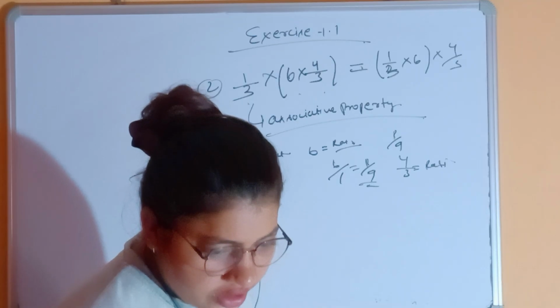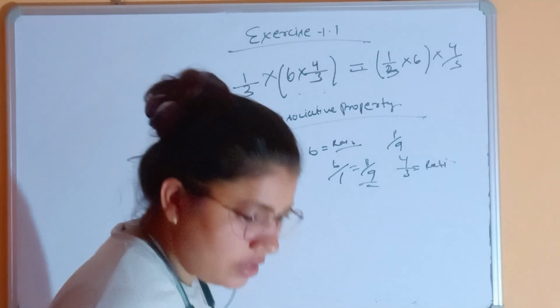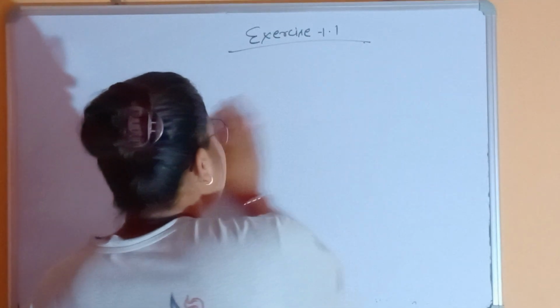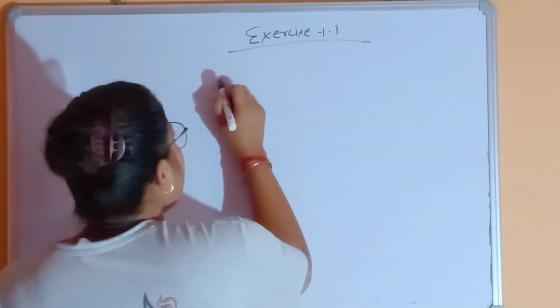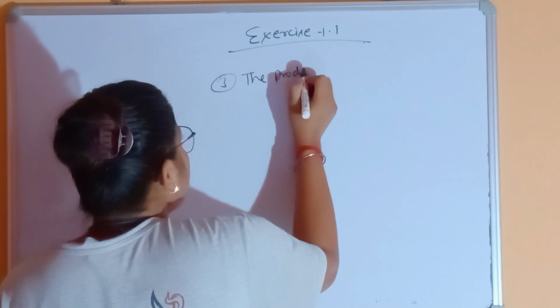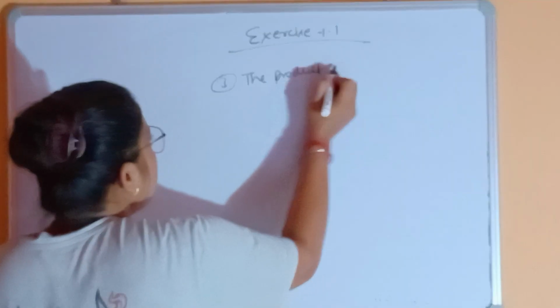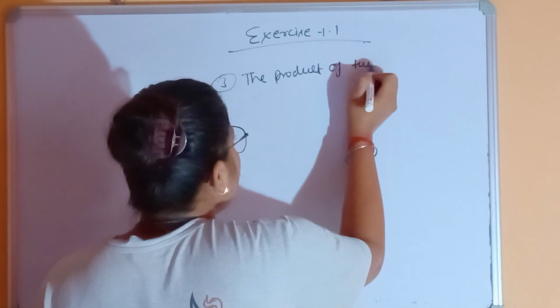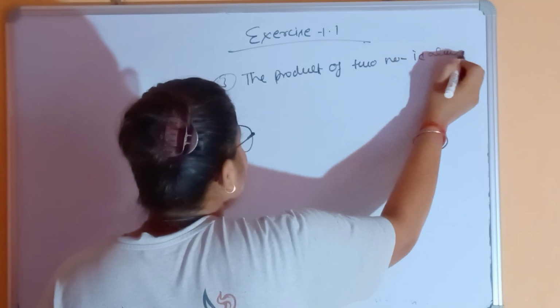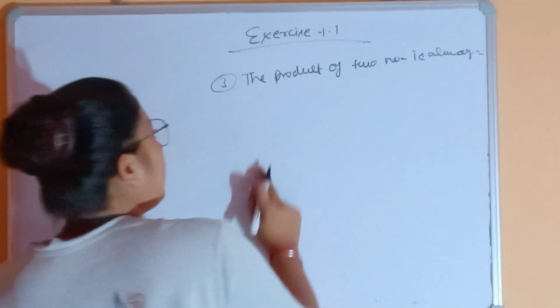In the third, the product of two rational numbers is always what?